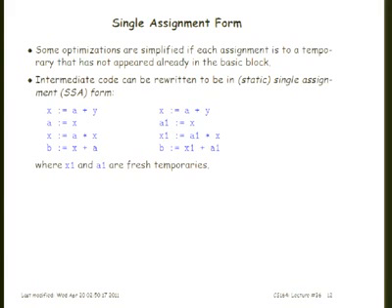So in principle, the new value of A, A1, and the old value of A are both still around and available for my use later on in the code. Likewise, when I assign to X, I can introduce a new variable, X1, so that I can refer to the previous value of X and the current value of X. This has certain interesting properties, one of which is that for every variable in the transformed program, there is exactly one assignment.